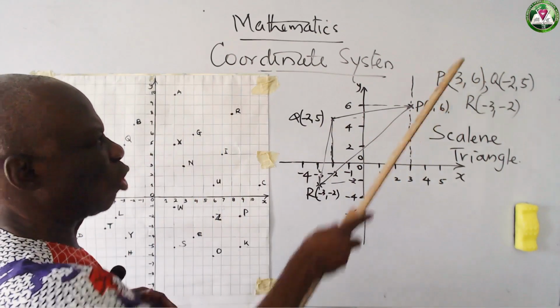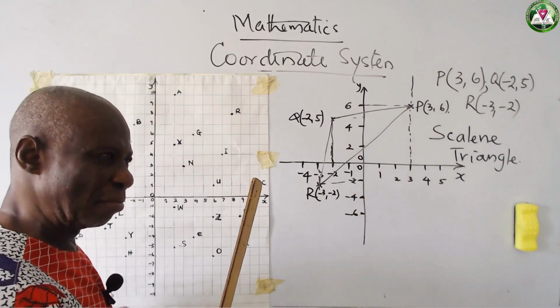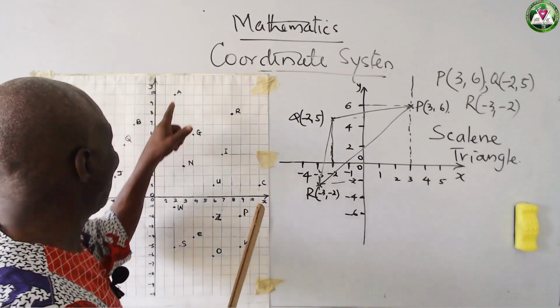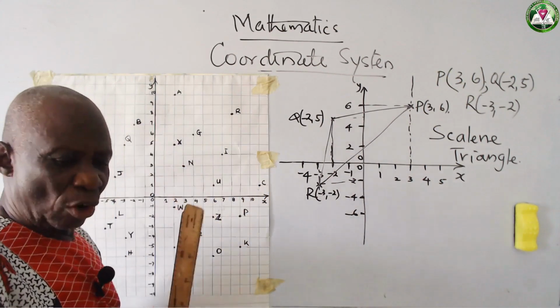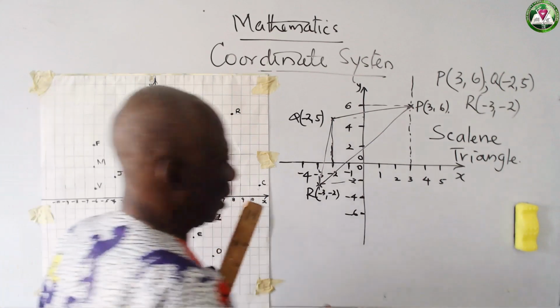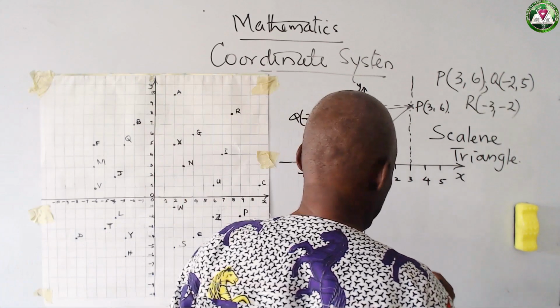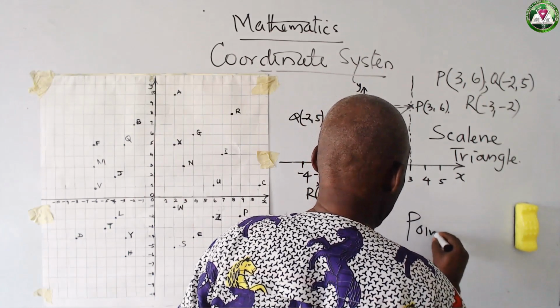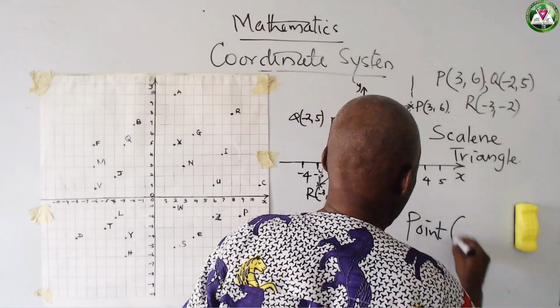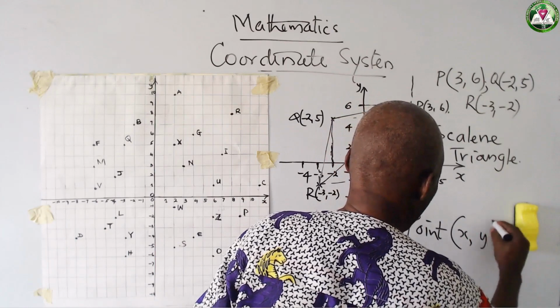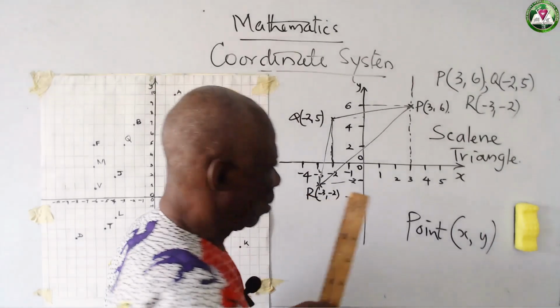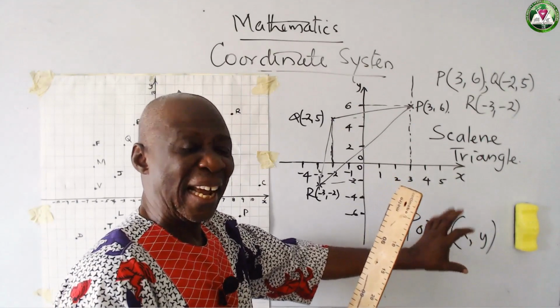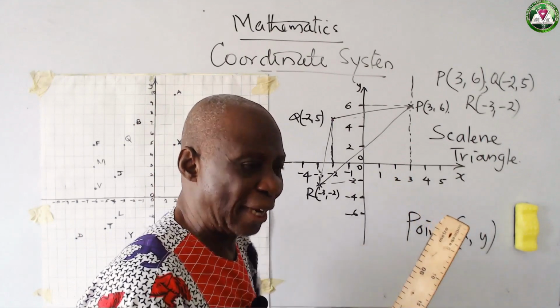That is why there is that comma there. 3, comma, then 6. So according to this man, Descartes, for any point, the coordinates will be first of all x, after that y. That is why he's separating them with a comma and putting them in brackets. X first, then after that y.